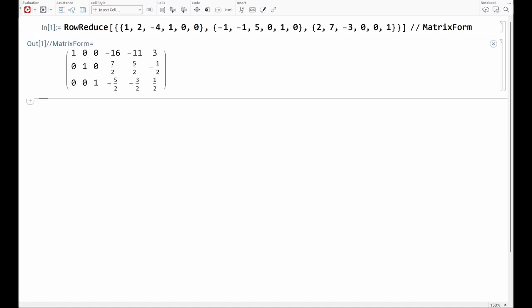Was that what we got? Excellent. Now I'm going to see if this works, although I don't think it's going to. Now that I look at it, it probably won't. That's not what I wanted.